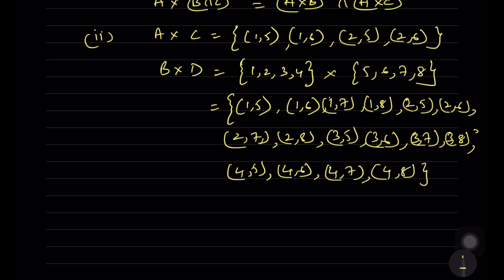So these are all the ordered pairs which we are getting in B cross D.